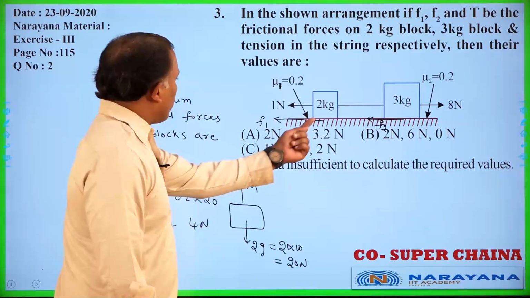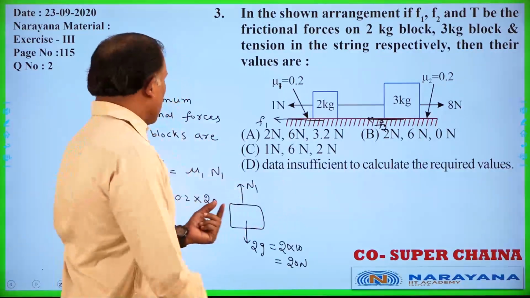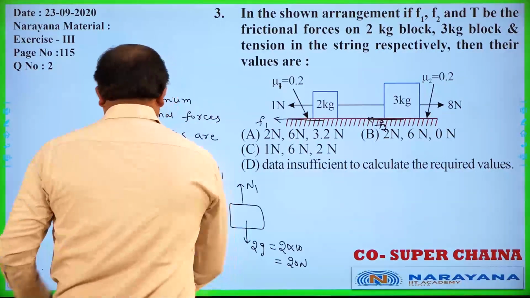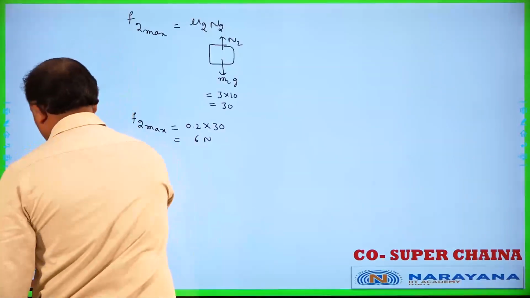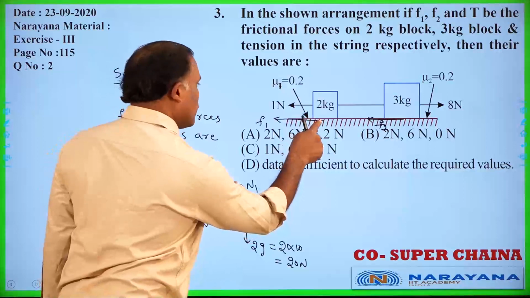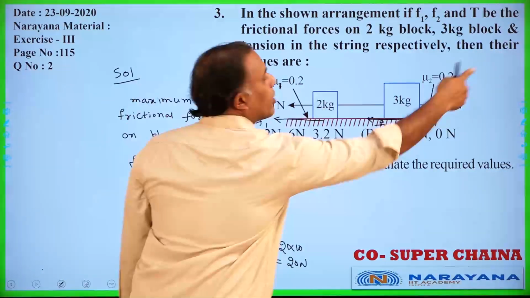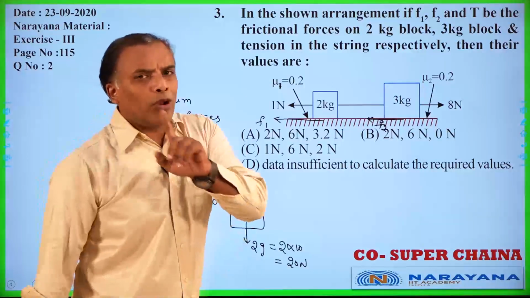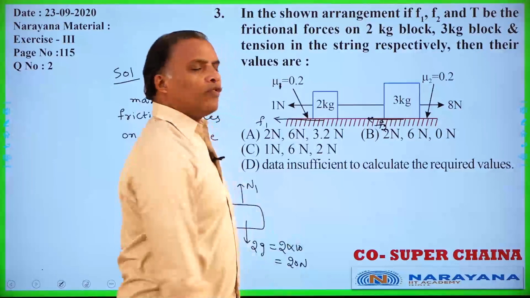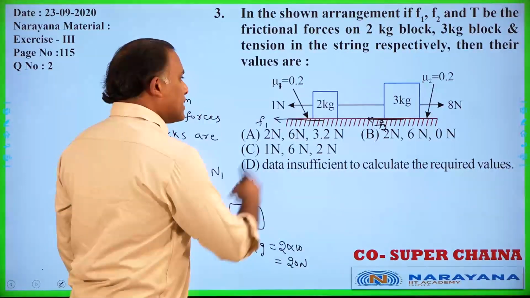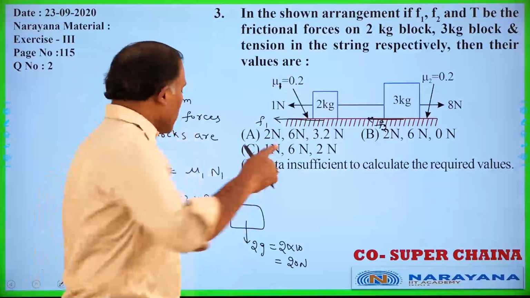F1 maximum is 4 Newton and F2 maximum is 6 Newton. So 6 plus 4 is 10, but applied is 8 only. That means both the blocks will not move. So there may be maximum friction values or less than the maximum friction values possible. Let us see.